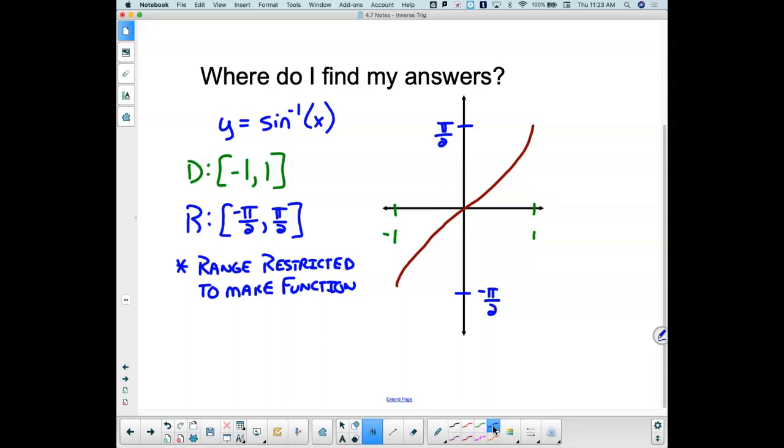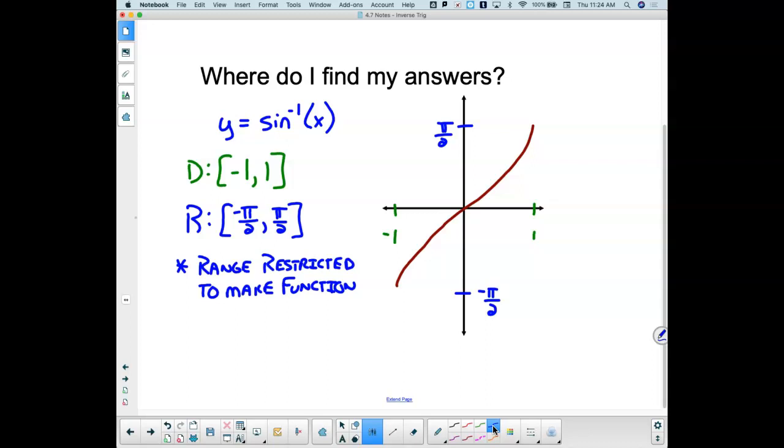The angles, negative to positive. It's the right side, because down here is negative pi over 2, correct? And then all the way up to 0, and all the way up to positive pi over 2.